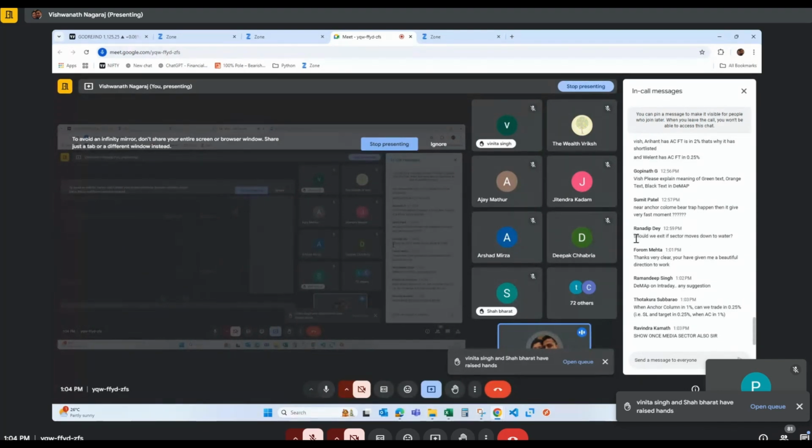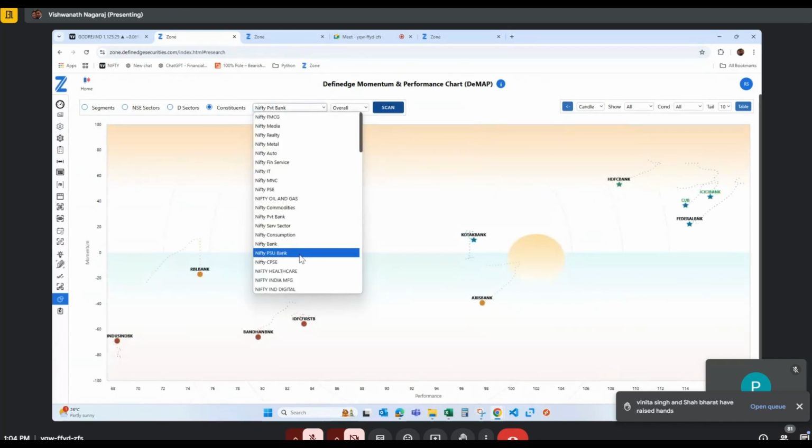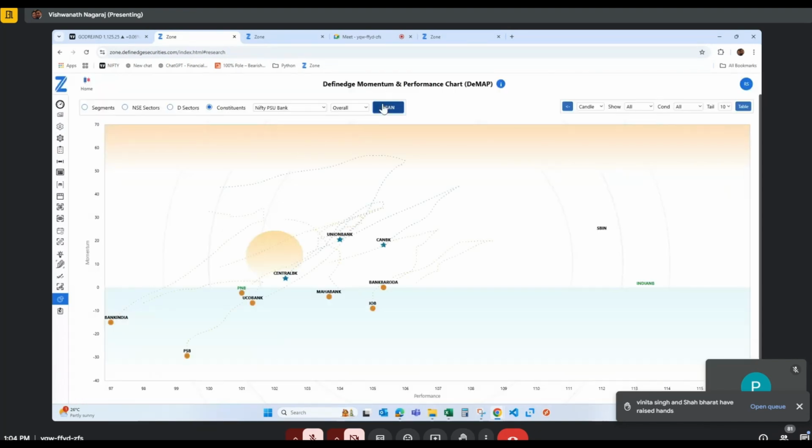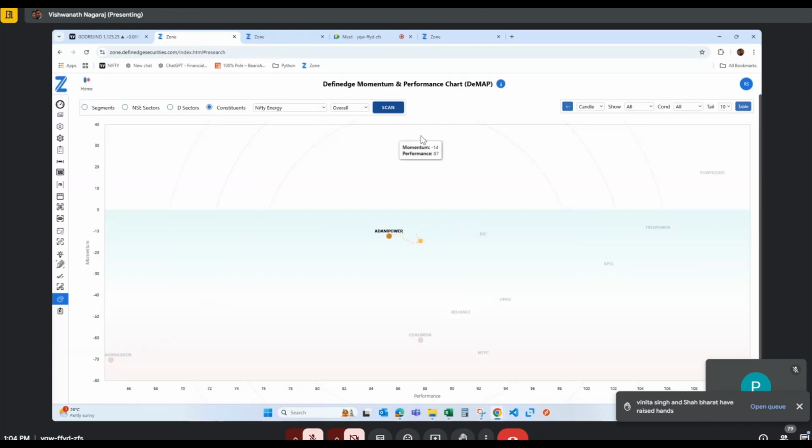Should we exit if the sector moves down to water? Now, this is a very, very interesting and important question. Just because the sector moved down to water doesn't mean you exit everything, even in a bearish sector. Let's take an example. Energy or infra is very bearish, I think.